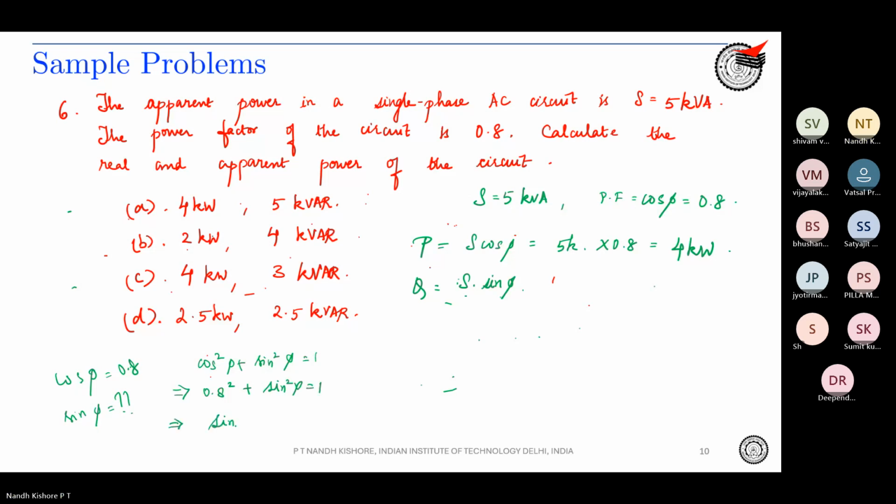Therefore, sin phi is equal to root over 1 minus 0.8 square, that is root over 0.36, which is 0.6. So if cos phi is 0.8, sin phi is 0.6. So 5 into 0.6, which is 3 kVAR. Okay, so the answer is C. I think this was a very easy question.